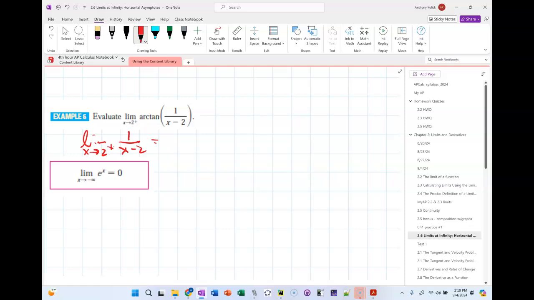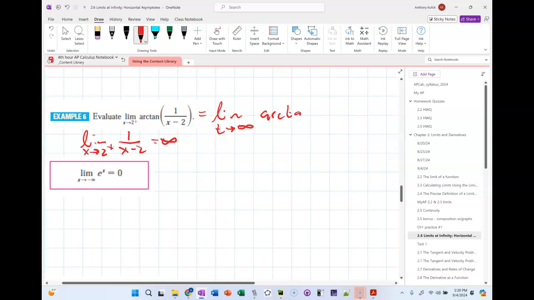Does that feel okay? So what I'm going to do here is make a change of variable. I'm going to say this is the same limit as t going to infinity of arctan of t.